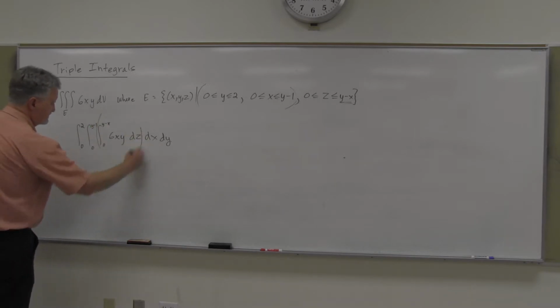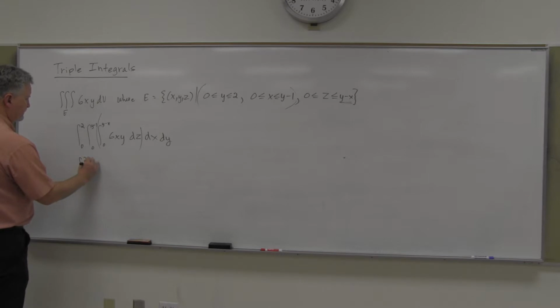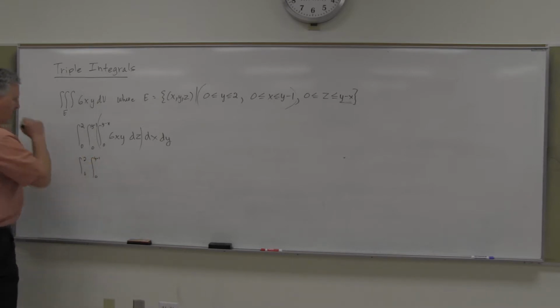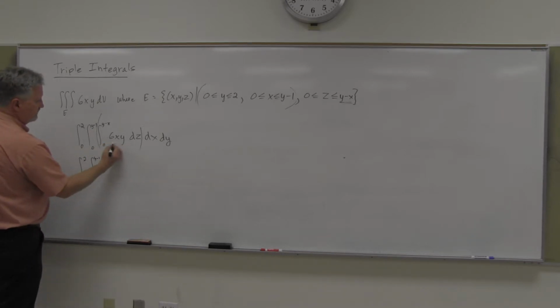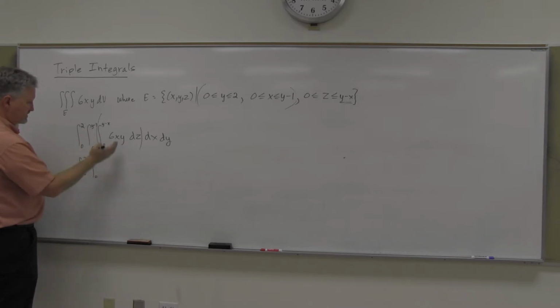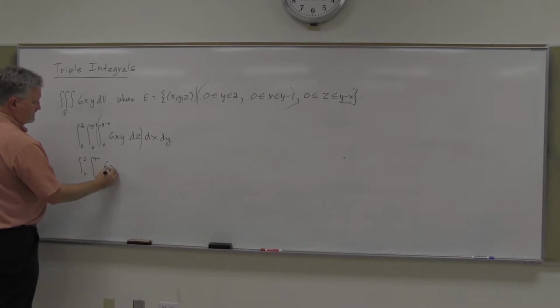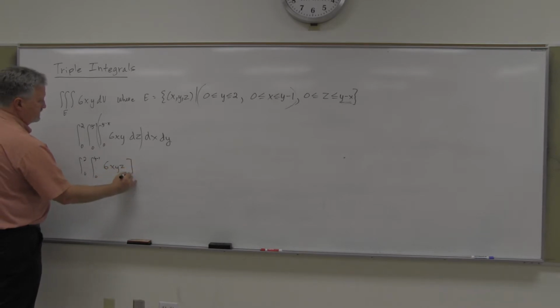You do the z's first. There's not a z here, so just treat the x and the y as constants. So the antiderivative would just be 6xyz, and then we plug in z to be 0 and y minus x.